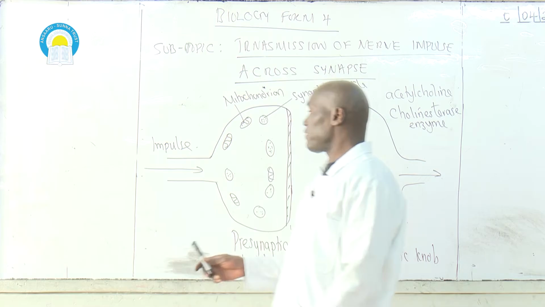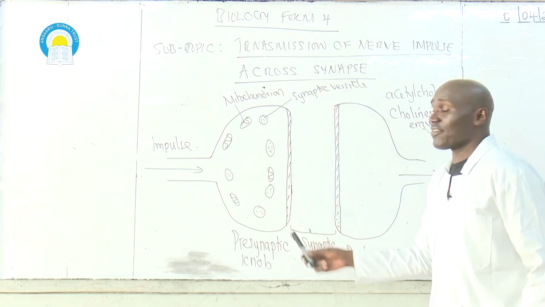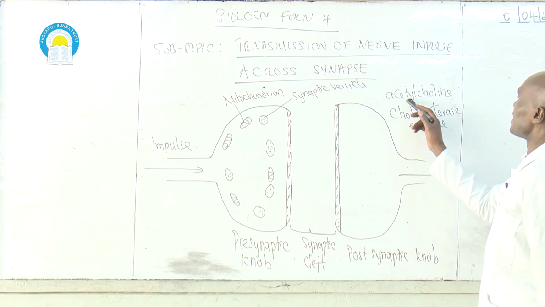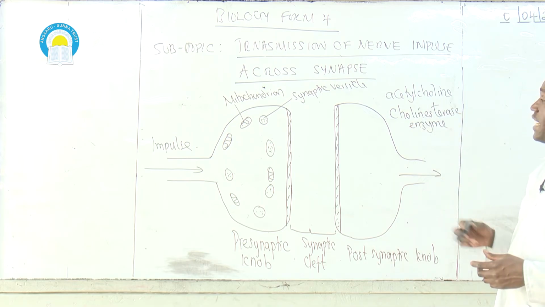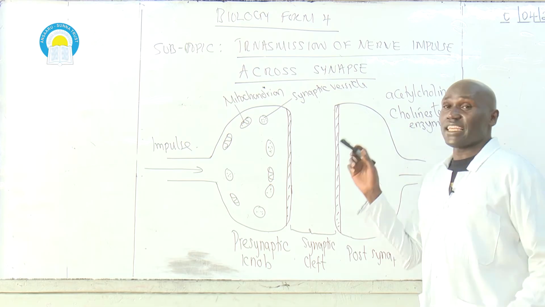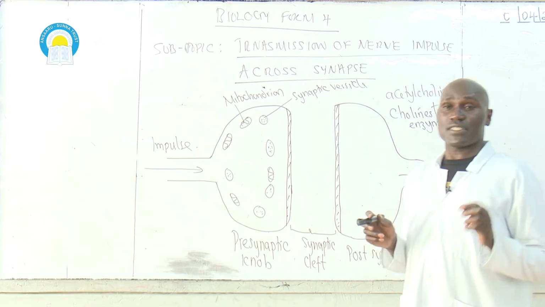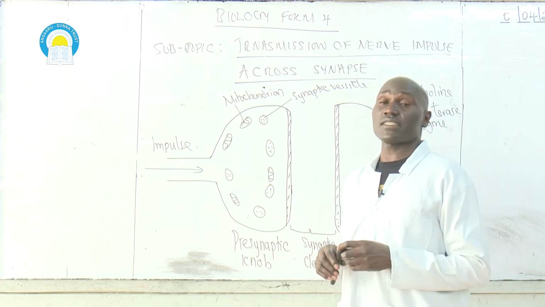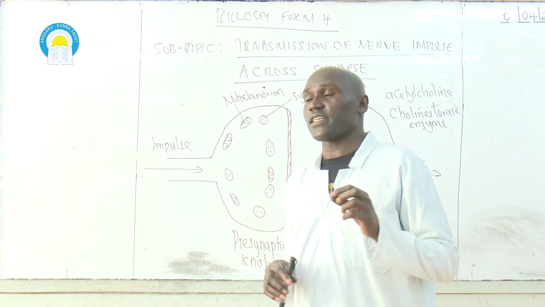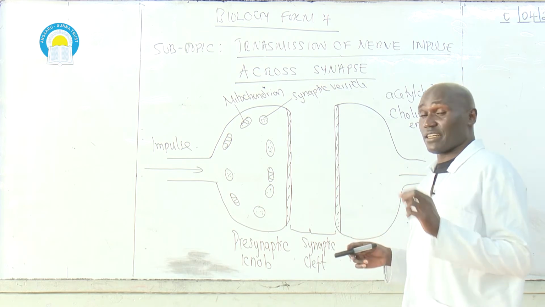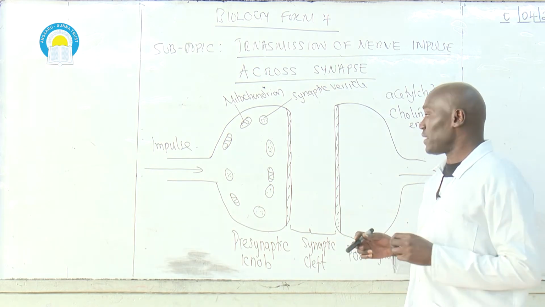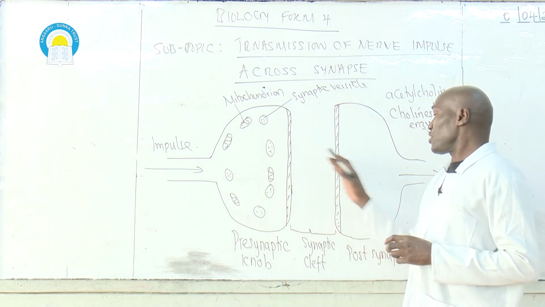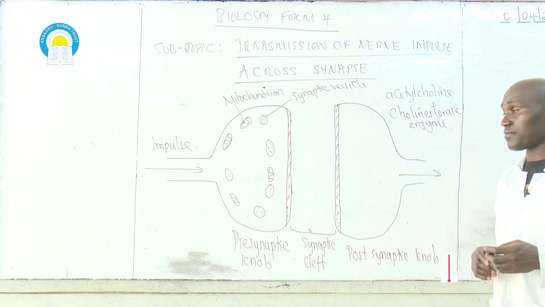Inside synaptic vesicles, there is a chemical substance known as acetylcholine. Acetylcholine is a neurotransmitter substance. What that means is it is the chemical substance that will transmit nerve impulse across synaptic cleft from one neuron to the next adjacent neuron.